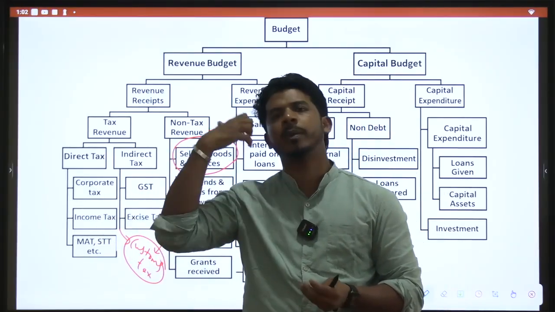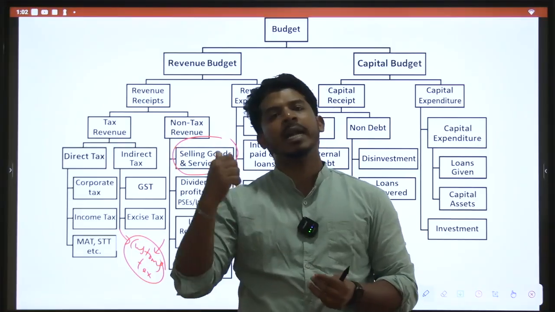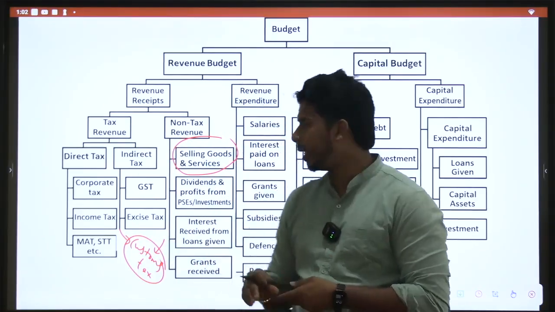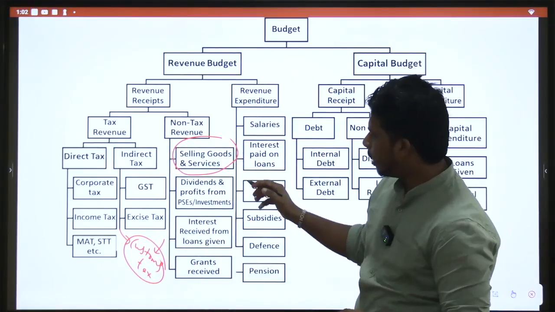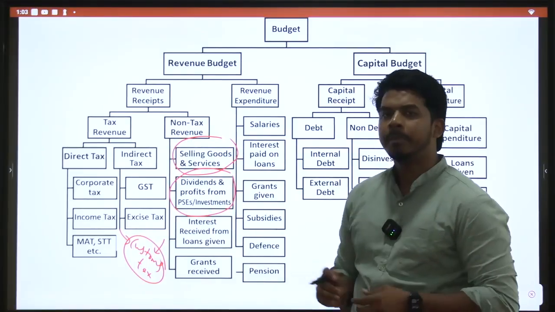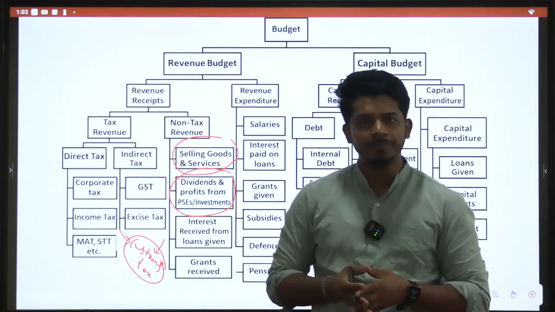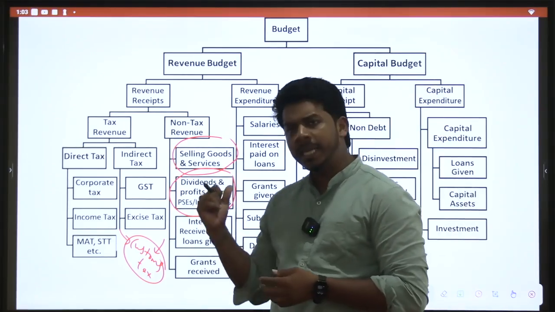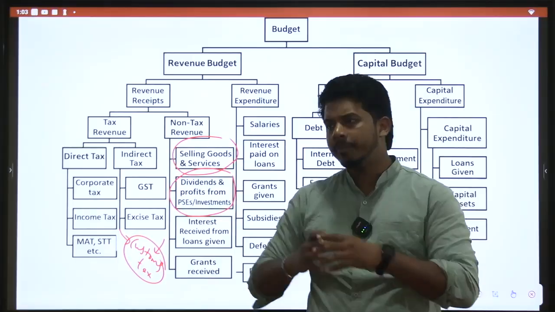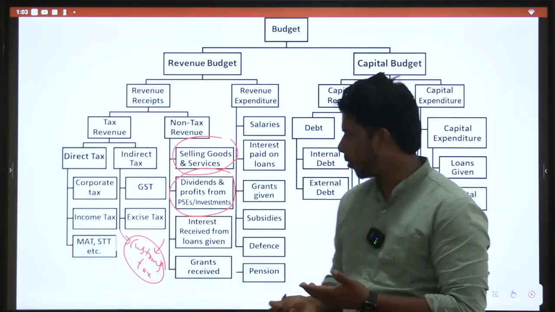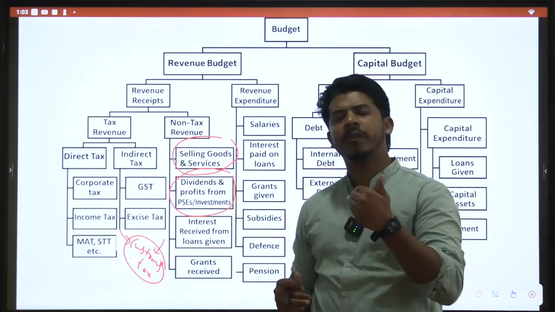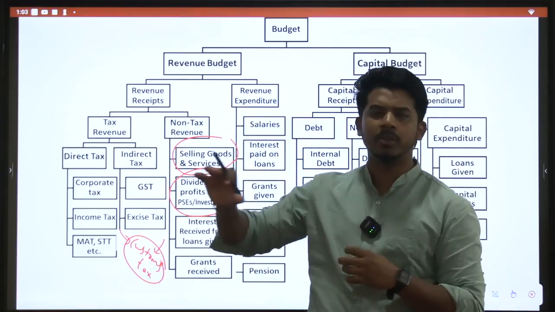So when government provides services and you need to pay for that, it comes under this component. Then dividends and profits from public sector enterprises, investments of the government of India. So here you can take the example of RBI and many public sector enterprises. RBI every year gains profit and that excess profit is given to the government of India as dividend.